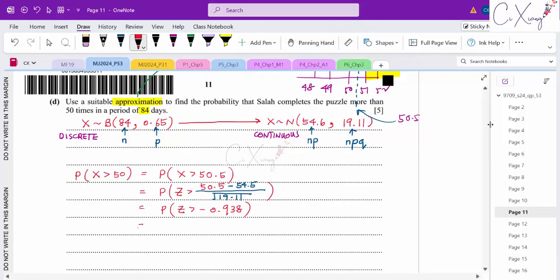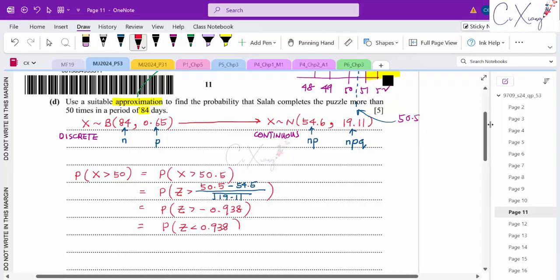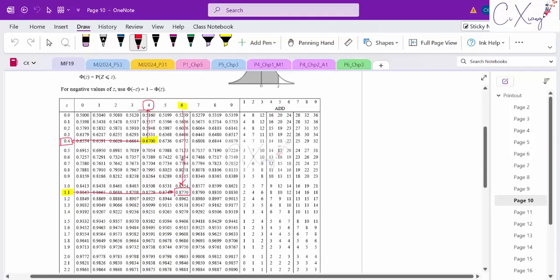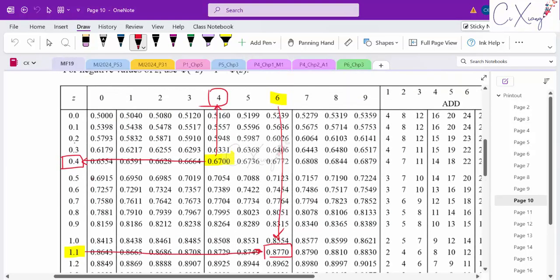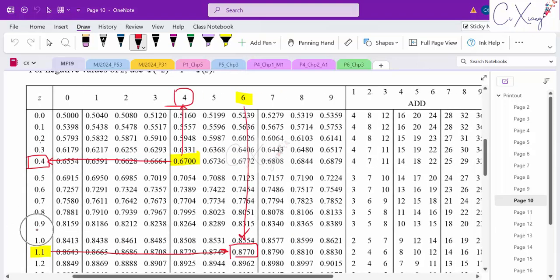Alright, then z greater than negative 0.938, this particular area will be the same as z smaller than 0.938. Then we try to find the probability from the table, 0.938. So let's go to the normal table again, looking for 0.9. This one, 3 is here. If I draw a line arrow inside, 0.93 is this value, and then 8.